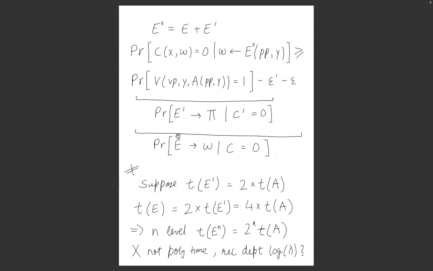So we are just convincing ourselves that the final extractor is knowledge sound by repeatedly using the probabilities of the inner extractor and the outer extractor.